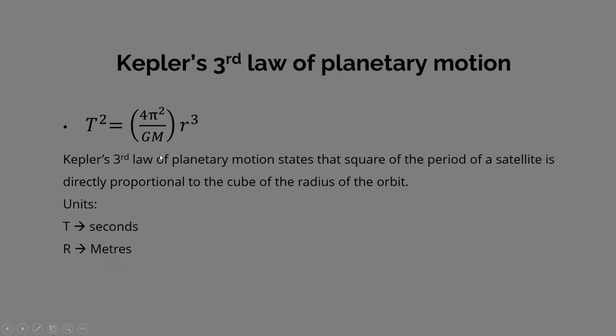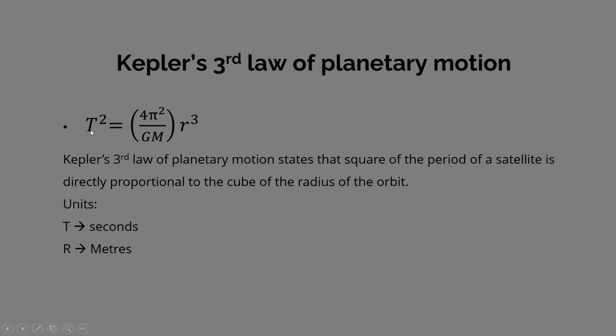This is actually Kepler's third law of planetary motion, and it states that the square of the period of the satellite is directly proportional to the cube of the radius of the orbit. Remember that the period has its units in seconds, and the radius has its units in meters.